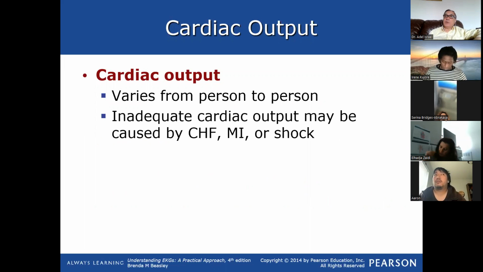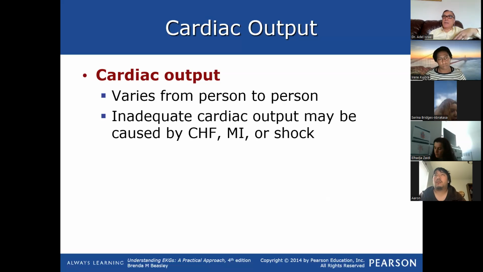The cardiac output, which is the amount of blood coming out of the heart per minute, may be decreased. And this happens in congestive heart failure, CHF, MI, myocardial infarction, or any stroke.